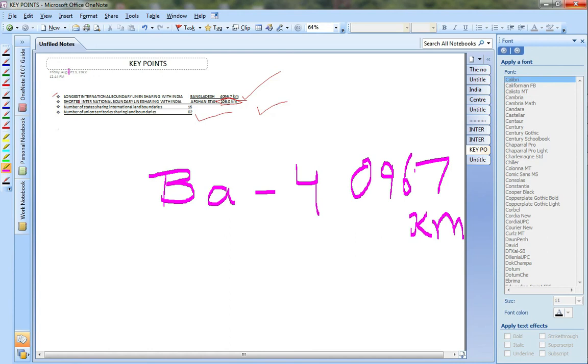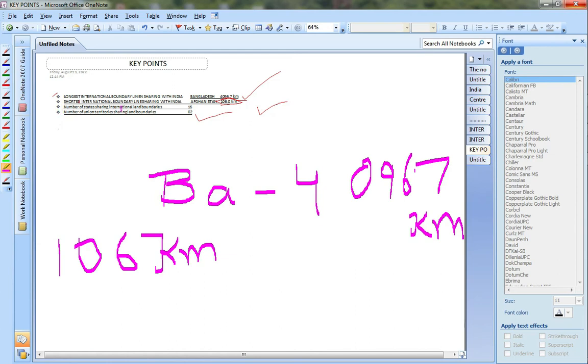And the shortest international boundary line: which country is sharing the shortest international boundary line with India? Yes, Afghanistan. What is the length of the boundary line between India and Afghanistan? 106 km. Those are very important bits.